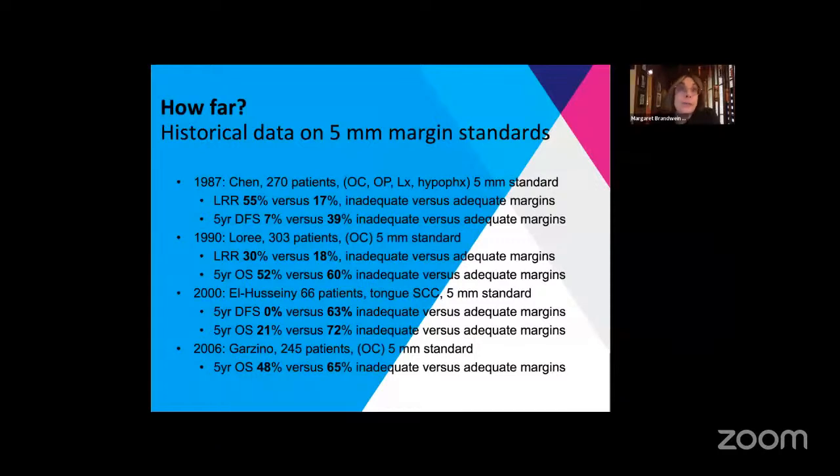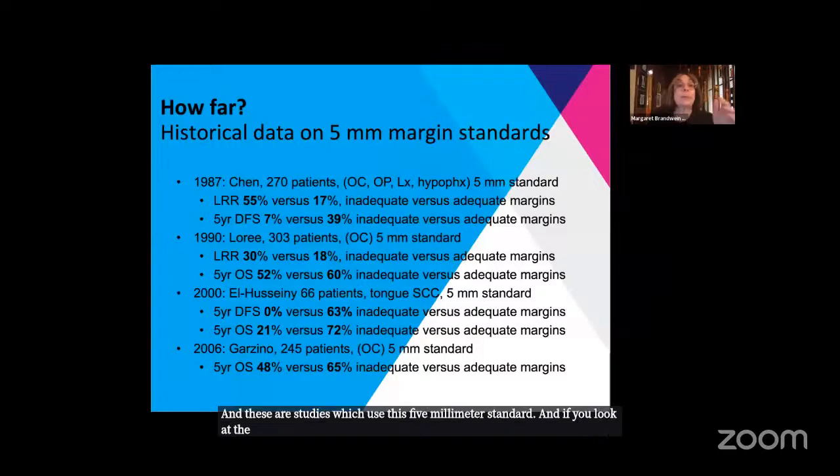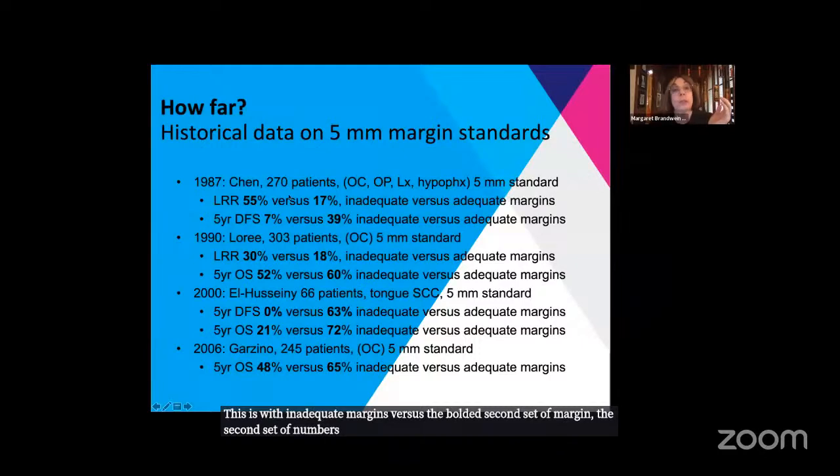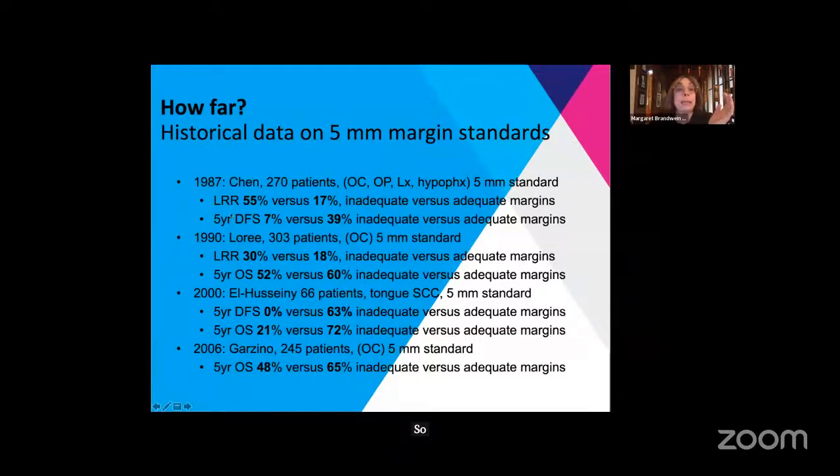So there was a lot of data from the 80s, 90s, the aughts, which support that patients with adequate margins have better outcomes than patients with inadequate margins. And these are studies which use this 5mm standard. If you look at the bolded first set of numbers, this is with inadequate margins versus the bolded second set of numbers, which is adequate margins.